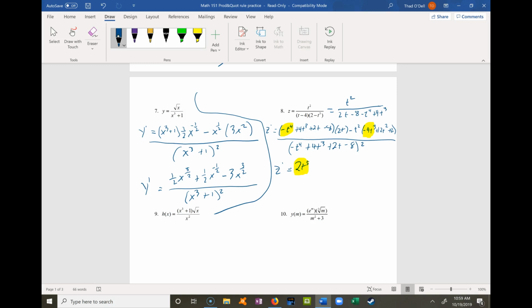We got 2t times 4t to the third, which is 8t to the fourth, but we also have, so now I'm talking about this guy, but we also have a 12t squared times a 2t squared, so that's the t to the fourth also. So that's going to give me, let's see, that would be a negative 12t to the fourth. This is a positive 8t to the fourth. So I end up with a negative 4t to the fourth. What else we got?